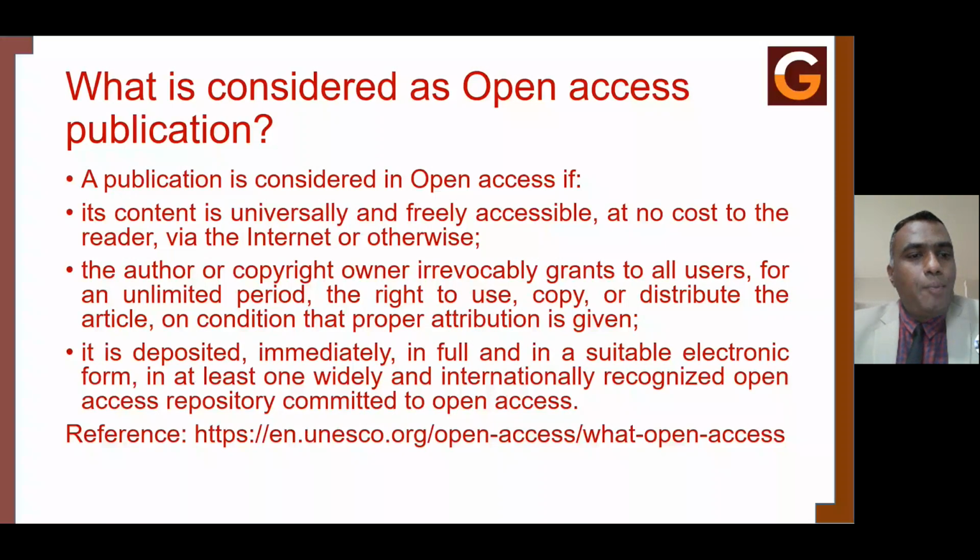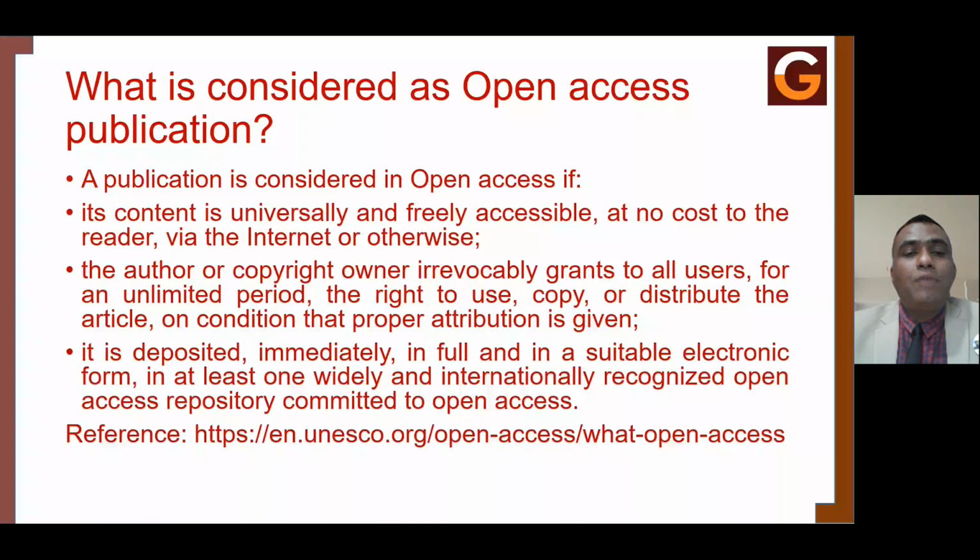researcher. It is deposited immediately in full and in suitable electronic form in at least one widely and internationally recognized open access repository committed to open access. For example, DOAJ, or if you look at Sherpa Romeo, Sherpa Romeo will have only the details. Once you are accessing it, it will tell you about the open access policy maintained by the journal.